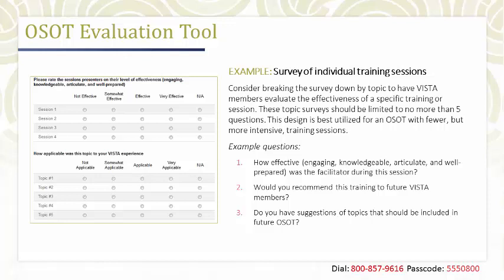Depending on the nature of your program, there are a number of ways you can go about this. But one of the key things is to make sure that those who played a role in the OSOT sit down and have a discussion that includes asking questions such as: what went well with the planning, what should be improved on, were the training topics relevant, how effective were the facilitators and presenters, and review any survey results that you may have.